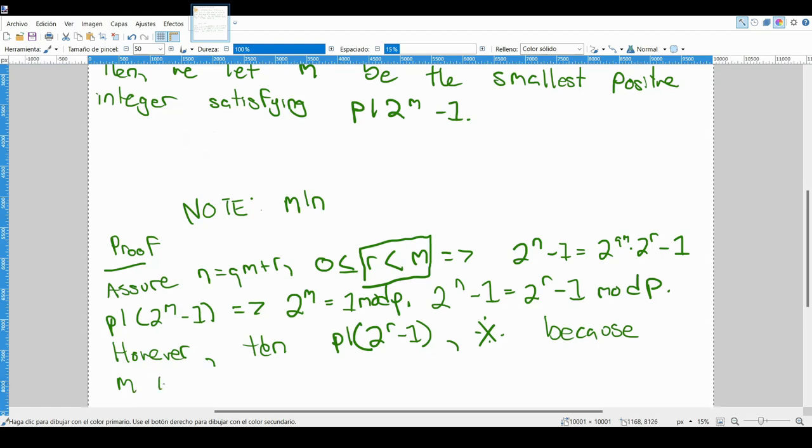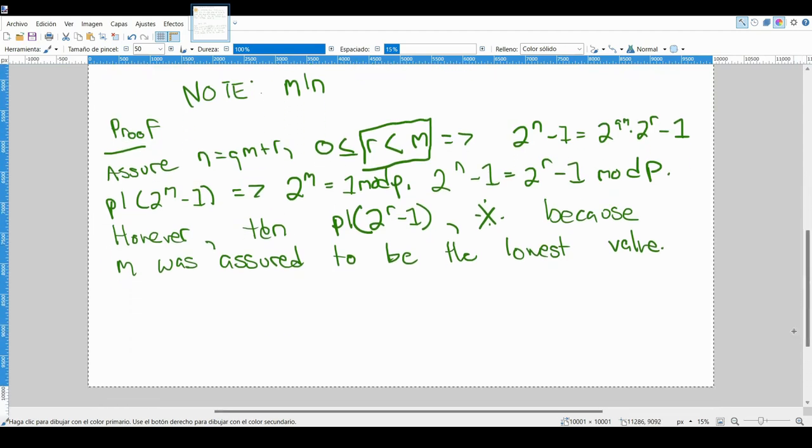However, m was assumed to be the lowest value such that p divides 2 to the m minus 1. Therefore, we know that r must equal 0. So if the remainder is 0, that means that m divides n.